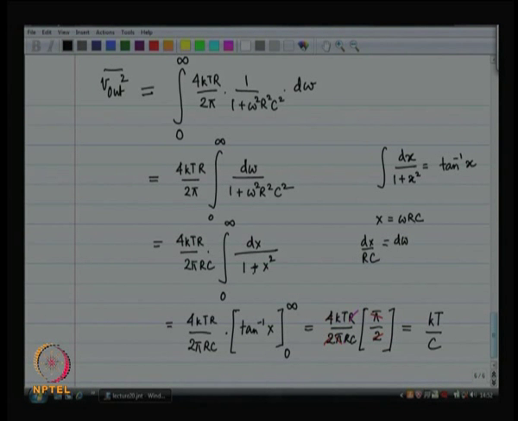The integral was not trivial, but not very difficult either, and I found out that the total of all the noise that you see over all the frequencies, the mean squared noise voltage at the output of this RC network, is equal to kT by C.